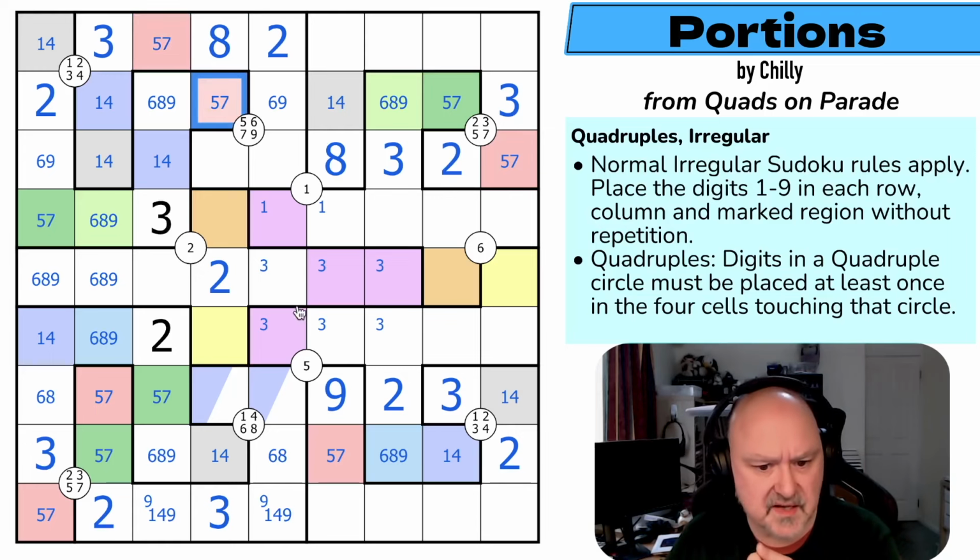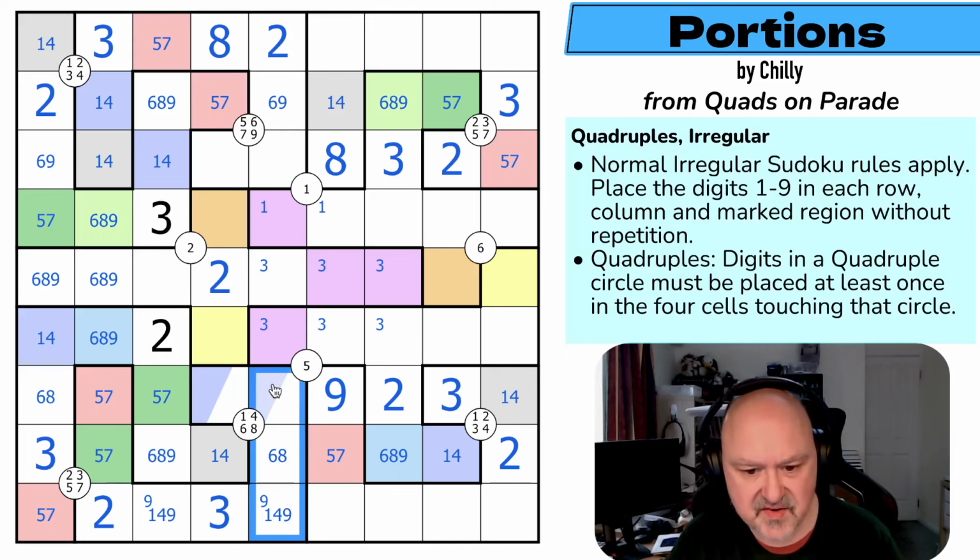Could have possibly done that with the quadruple logic. This can't be the... Oh, this could be the grey 1-4. So where's the red 5-7 in this column? I can't put it in any of those 3. I can't put it in any of those 3. It's in one of those. If it's there, it goes there. If it's there, it goes there.